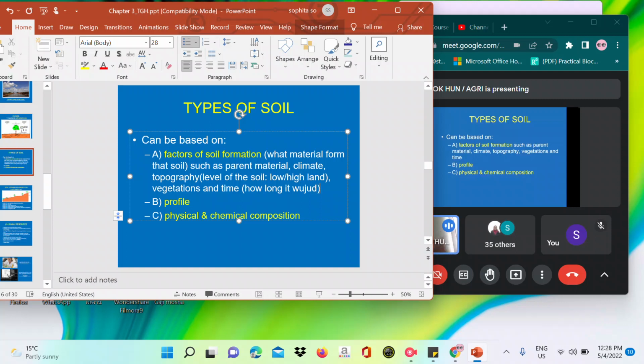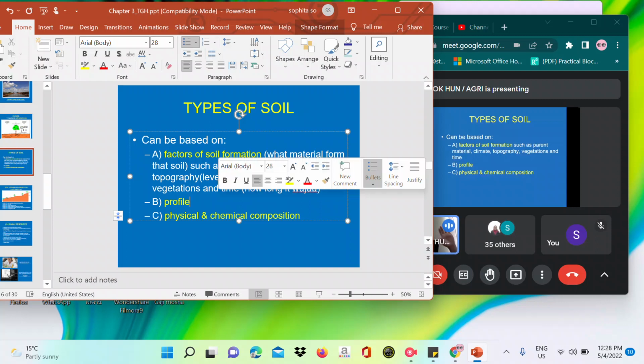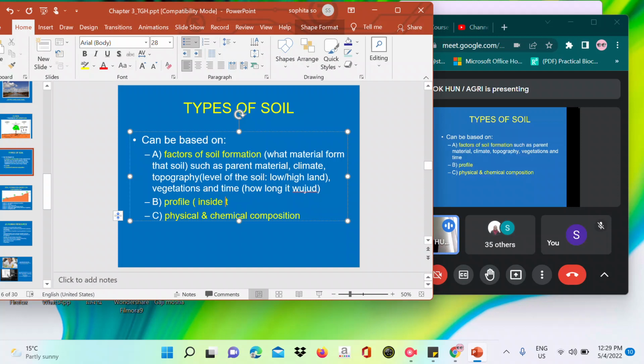Number two is based on the profile. Inside the soil we have different profiles. When you cut the soil, straight away you will see different colors of the profile from the top to the bottom. So that's why there is a series of soil, for example, what they call the Siri Malacca.